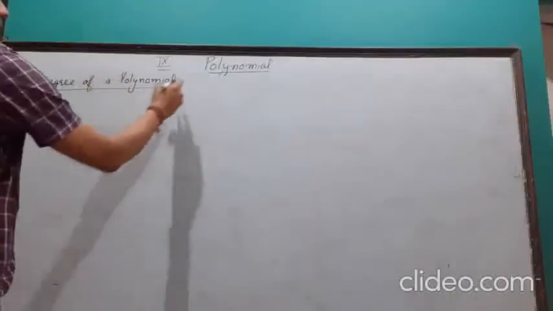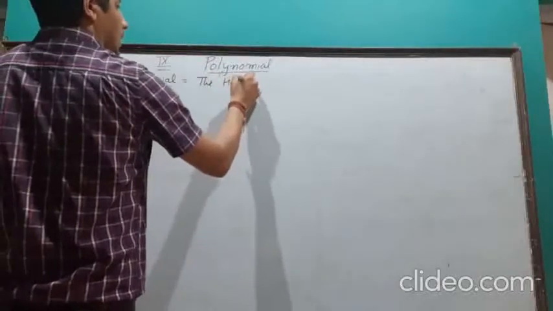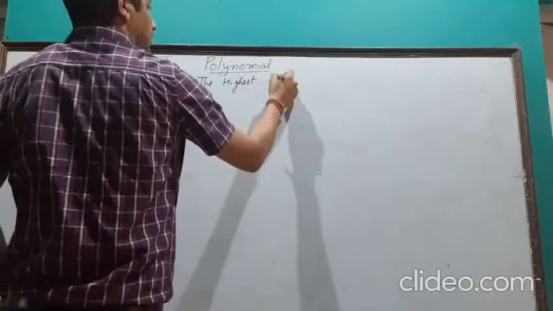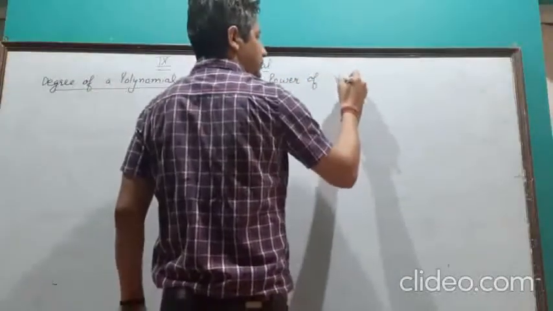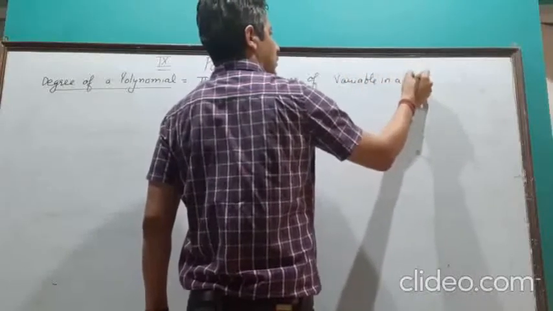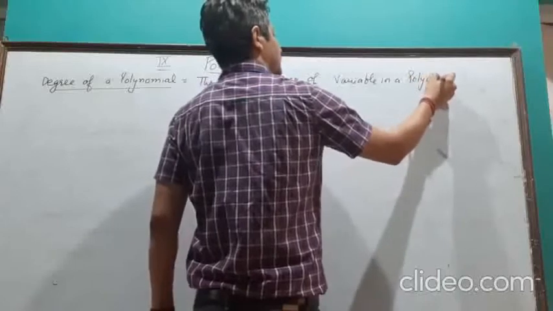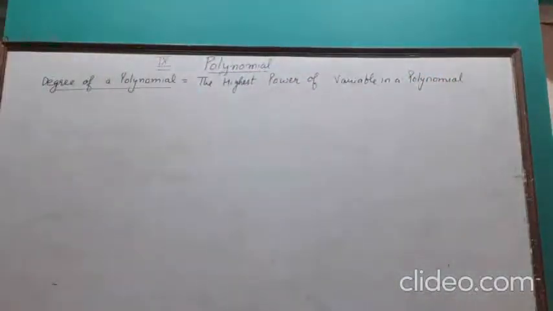Degree of a polynomial: the highest power of variable in a polynomial is called the degree of a polynomial.